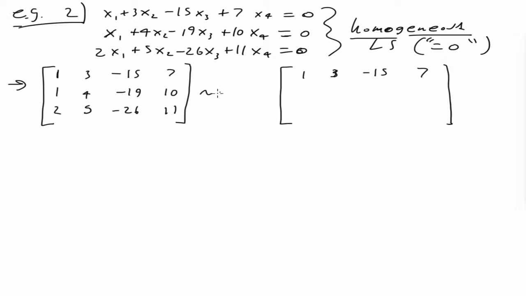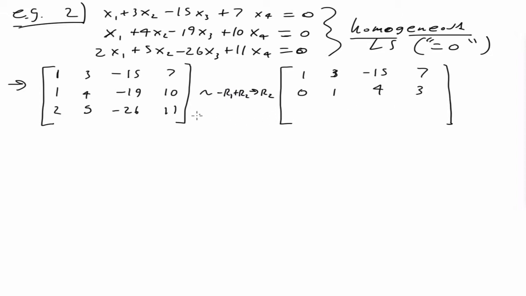So what I'm going to do is take minus row 1, add that to row 2, and that's going to be my new row 2. All right, and that's going to give me a 0 there. Again, I'm subtracting, so that's going to yield 1 there. Negative 15 will become a positive 15 plus 19, and what's left over is 4. And then minus 7 plus 10, I have 3.